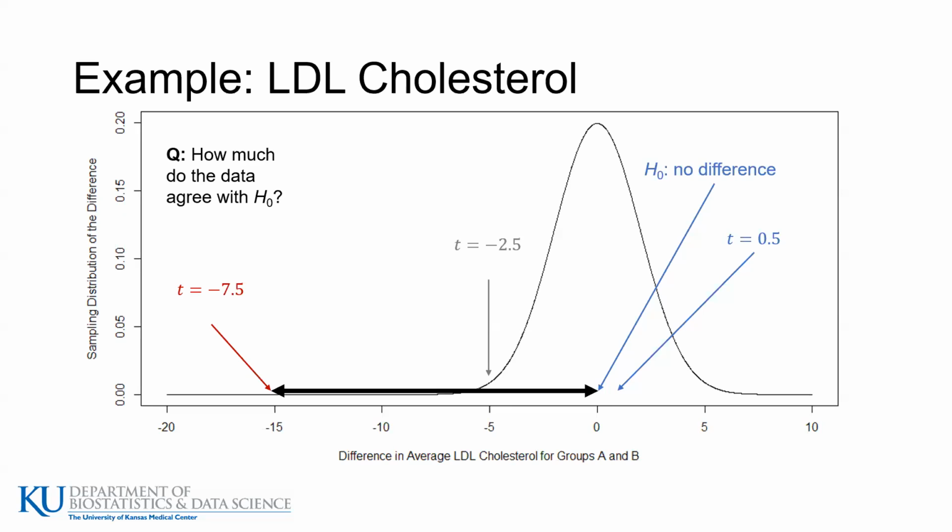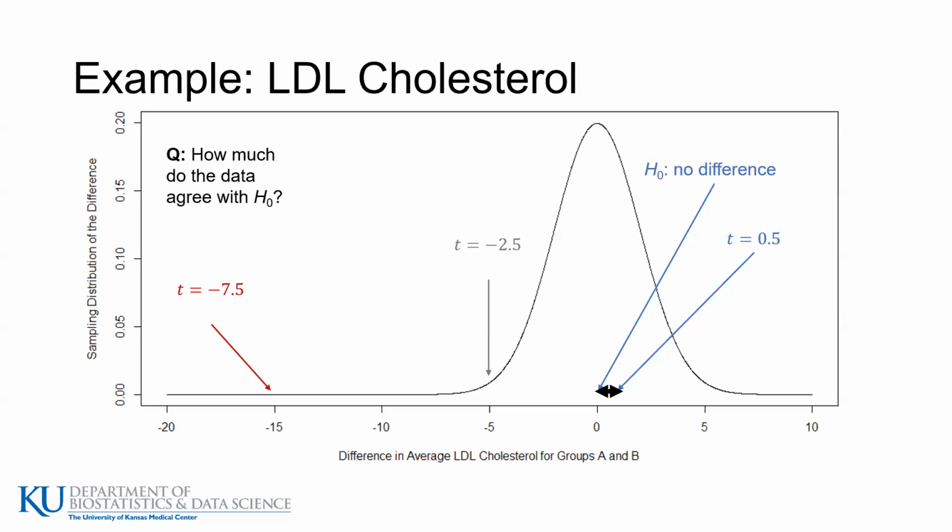So a t statistic of negative 7.5 tells us the null hypothesis is not very likely, and we'll probably reject this in favor of the alternative hypothesis. So in another obvious case, the difference in sample means of only one would give us a t statistic of 0.5.